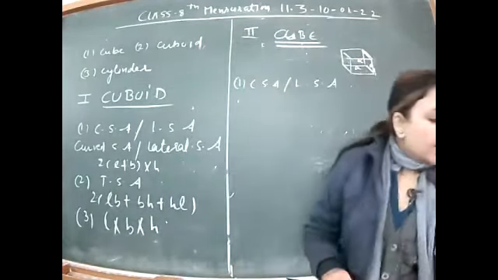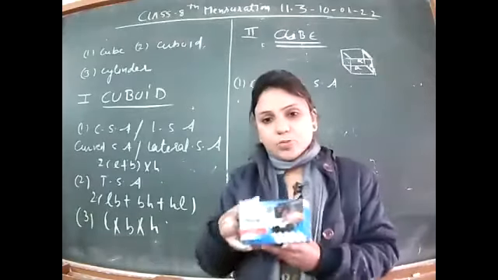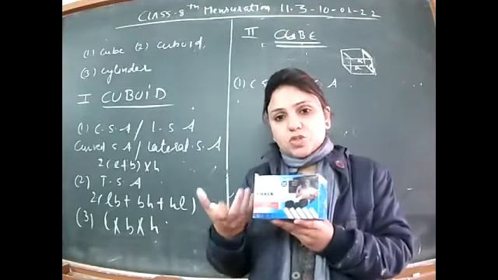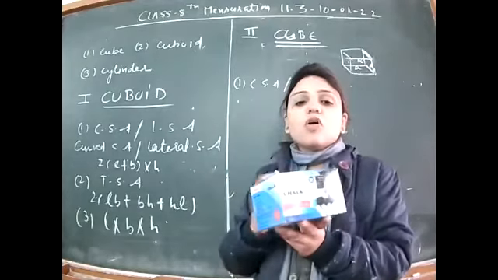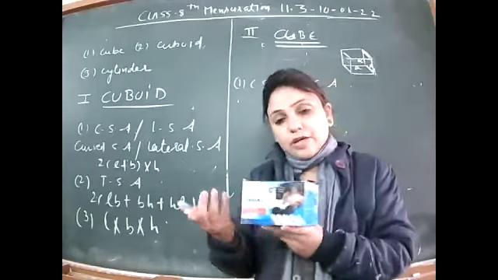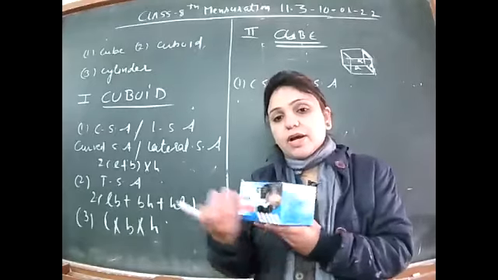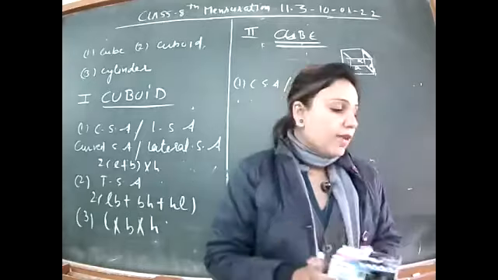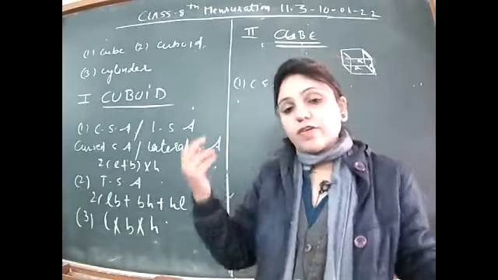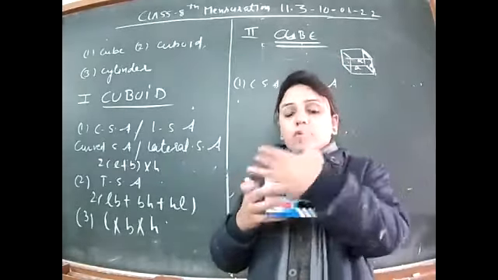Let us suppose that all the faces are square, and we have to add the areas of all the curved faces. All the faces which are revolving around, they are forming the curved surface. So we will add the area of all the 4 faces which are moving around, right?